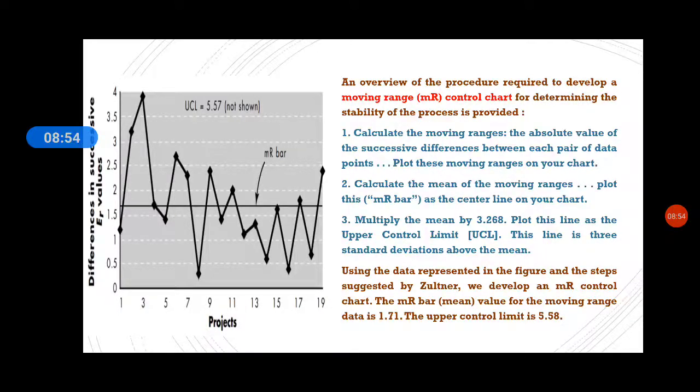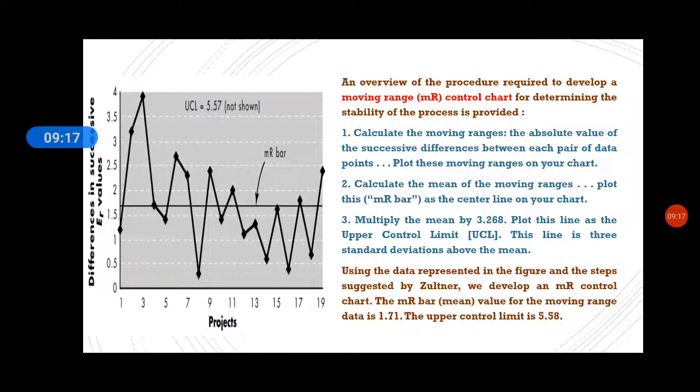Coming to the next point, that is to calculate the mean of the moving ranges. We need to calculate the mean value of these moving ranges and plot it as MR bar, as shown in the diagram, as the center line on your chart.